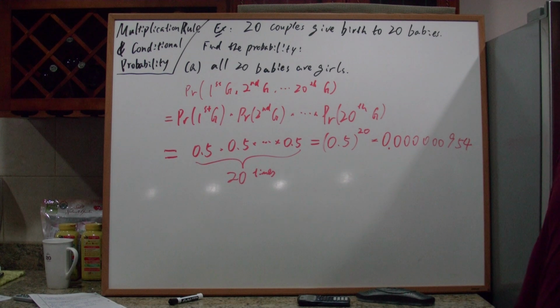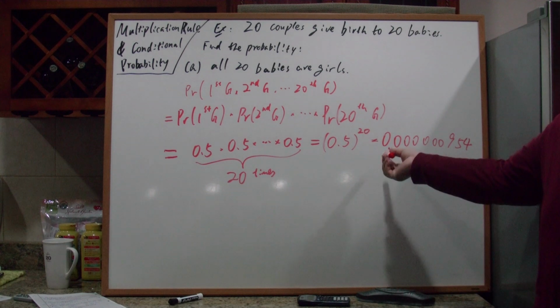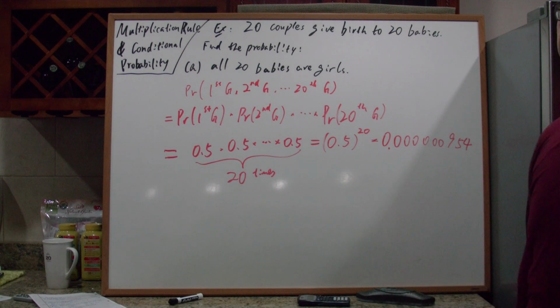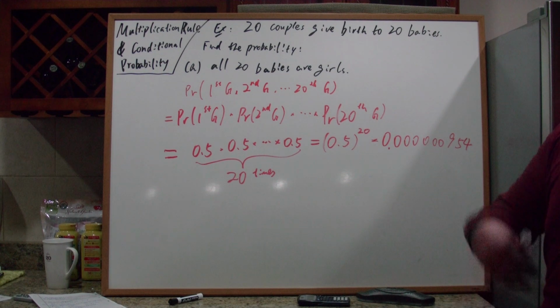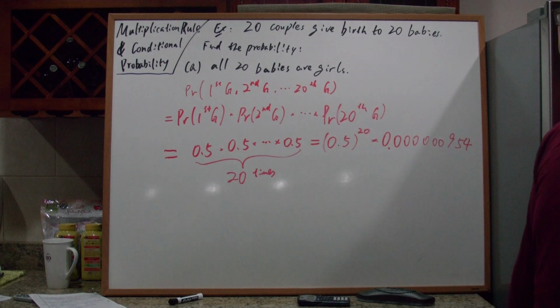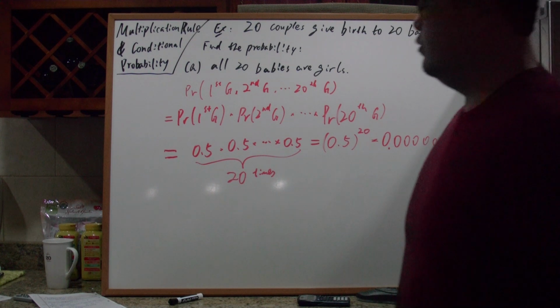Then, as we mentioned before, when the probability is smaller than 0.05, that is very unlikely to happen, unusually low. So it's very unusual to get 20 newborn babies, all of them girls, or 20 girls in a row.